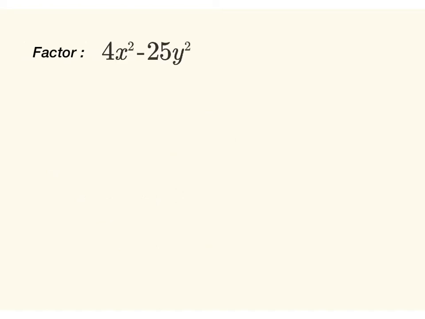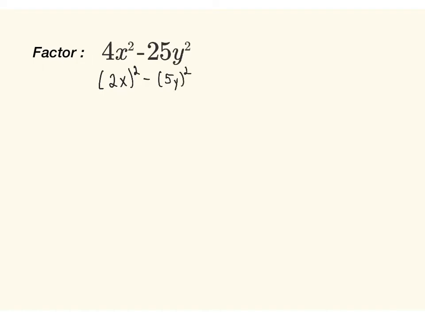In this first example, you will see that we have 4, which is 2 squared, and 25, which is 5 squared. We have x squared and y squared, so we can write this problem in this format. We have 2x, which is being squared, and then we have 5y, which is being squared.